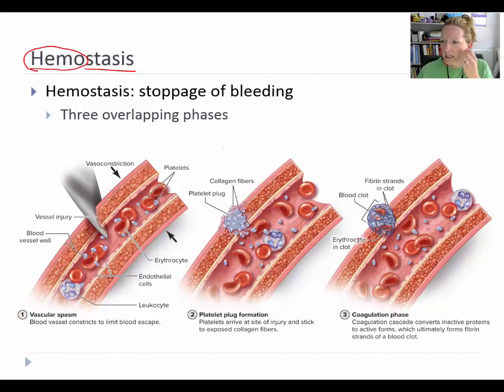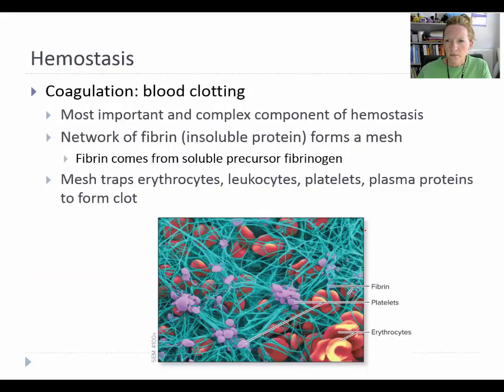So the main thing is making this blood clot right here. And the video is going to go through the 3 phases and then talk about how coagulation occurs because you're forming this network of fibrin. Fibrin is all of this blue or teal color that you see.